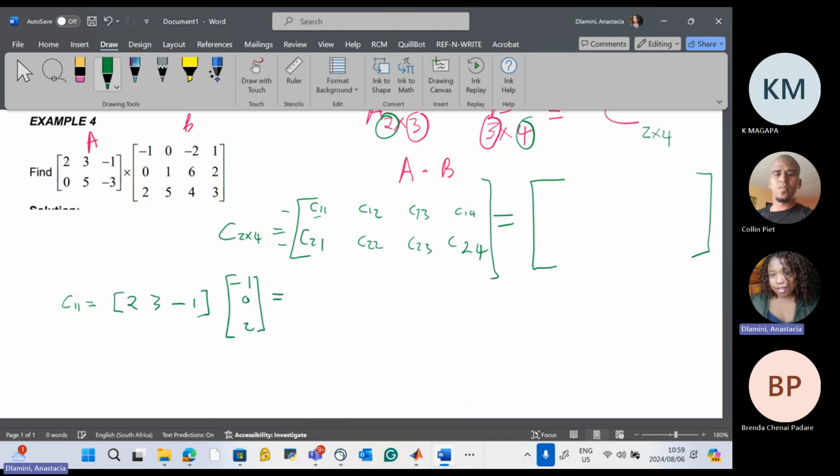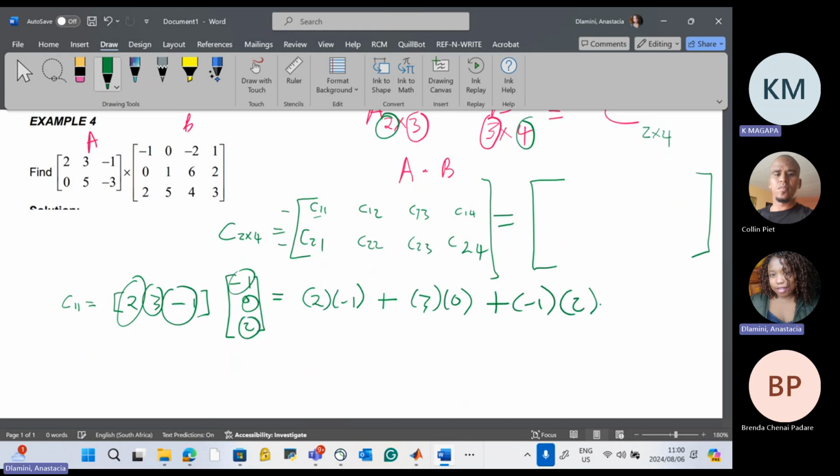Then you say 2 times negative 1, plus 3 times 0, plus negative 1 times 2. So what is the answer there? Minus 4. Meaning that in the position of C11, we put minus 4.